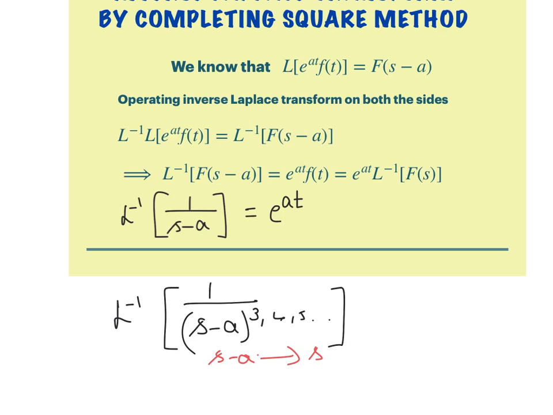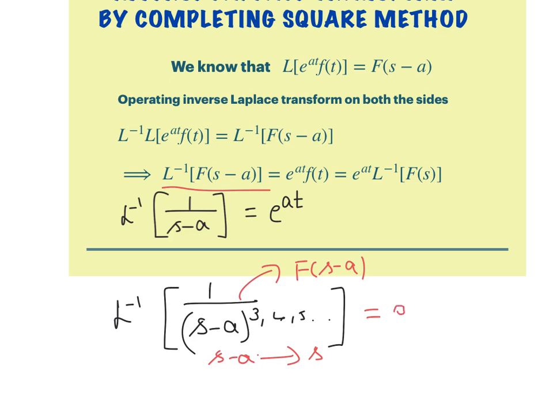Inverse Laplace transform of 1 by s cube, you know that. So this is considered f of s minus a. You are finding inverse Laplace transform of f of s minus a. The result will be, shifting property always contains exponential e power at, right? So we write the exponential. What is the a value?